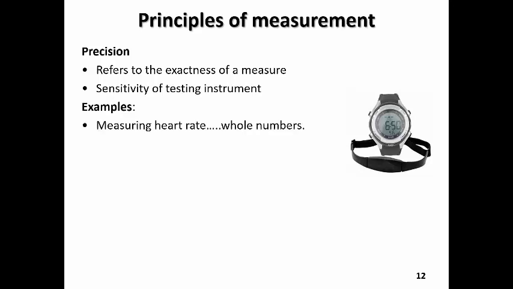As an example, if we want to measure heart rate, oftentimes heart rate is measured in whole numbers, and that's what we see here on the right hand side in this picture. This is a standard heart rate monitor that a person straps across their chest when they're walking or doing any other type of physical activity, and this watch displays a value of their heart rate in whole numbers.